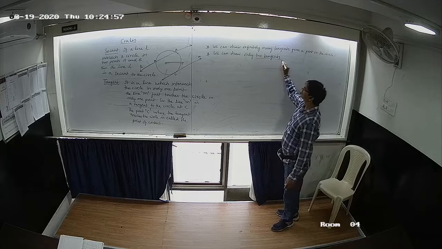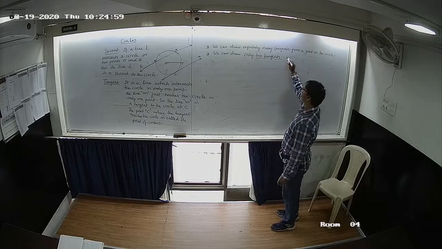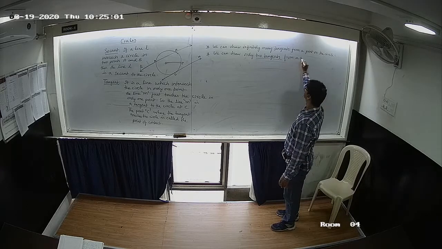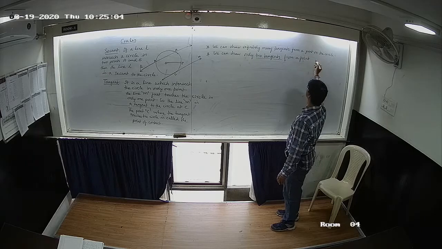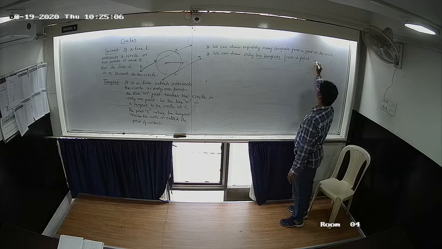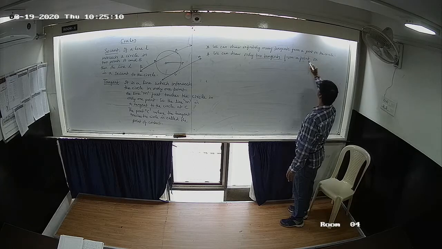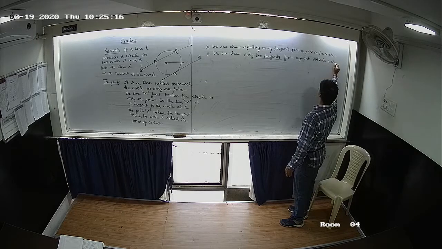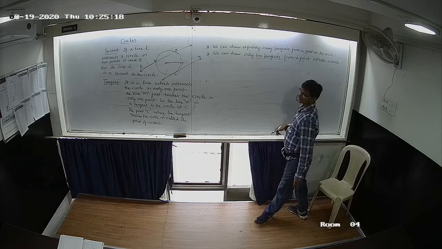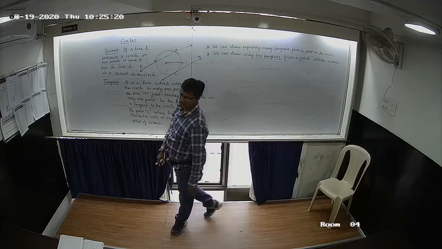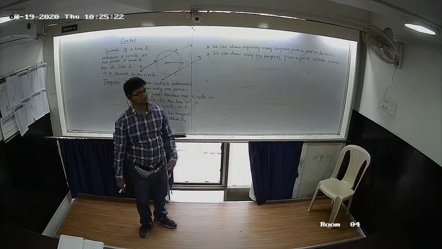From a point outside the circle, you can draw only two tangents to the circle.